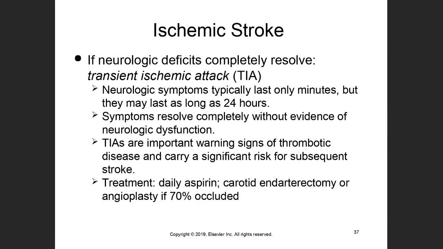Symptoms resolve completely without evidence of neurological dysfunction. TIAs are important warning signs of thrombotic disease and carry a significant risk for subsequent stroke. Treatment: daily aspirin, carotid endarterectomy, or angioplasty if 70% occluded.